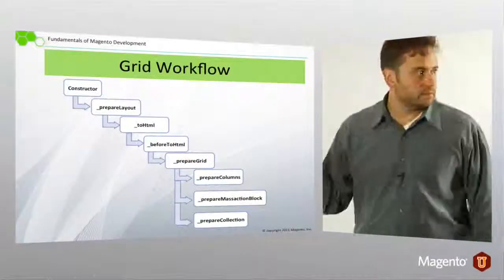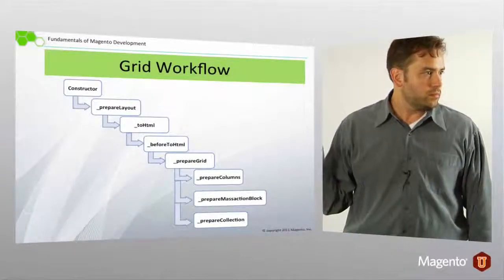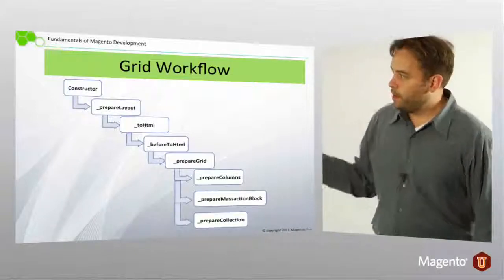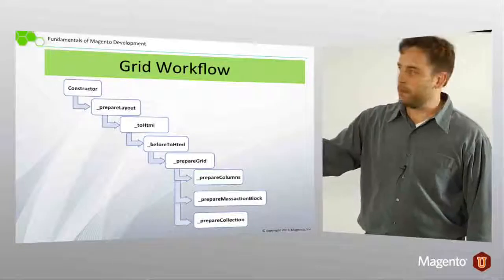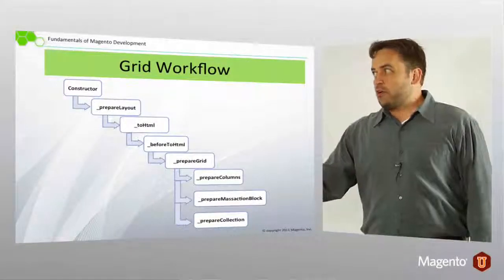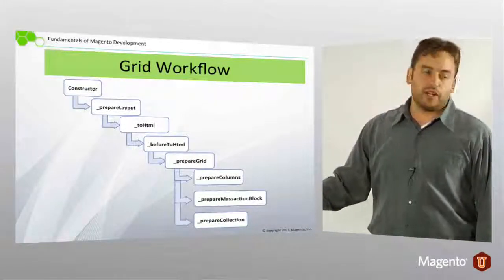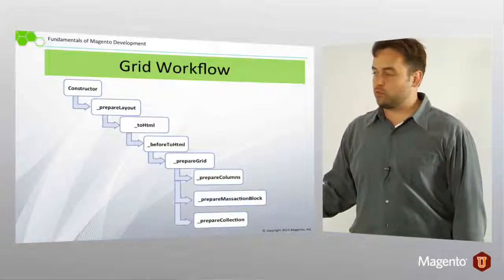This slide here is basically just to show you, because all blocks do this. For grids, though, before toHtml, we'll call prepare grid, and prepare grid gives us access to these three things here.